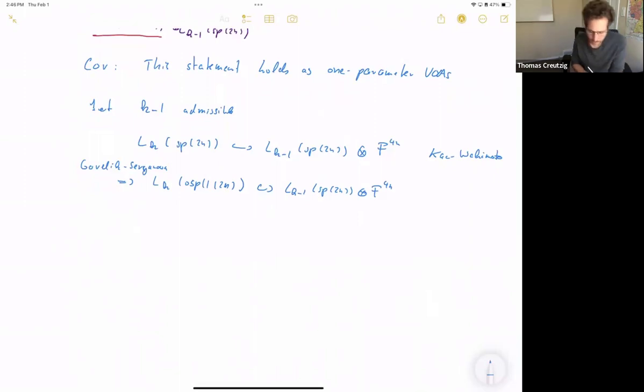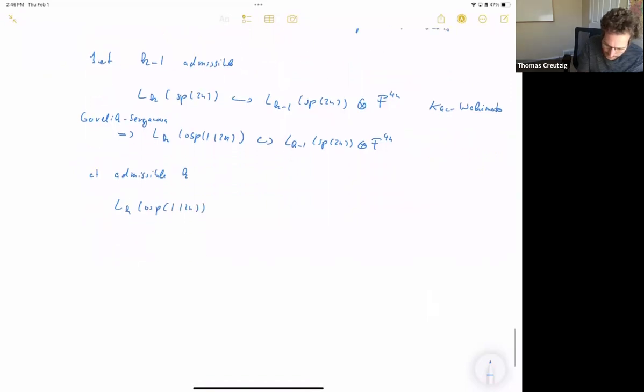Okay, but now, at admissible level, so now we are done. This is because at admissible level K, the affine VOA of OSP 1 to n has, of course, the affine SP 2n in there.